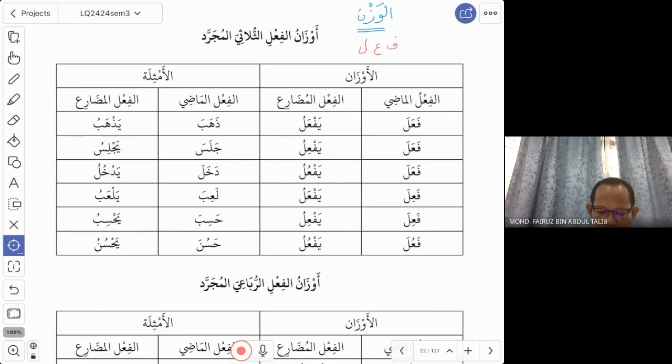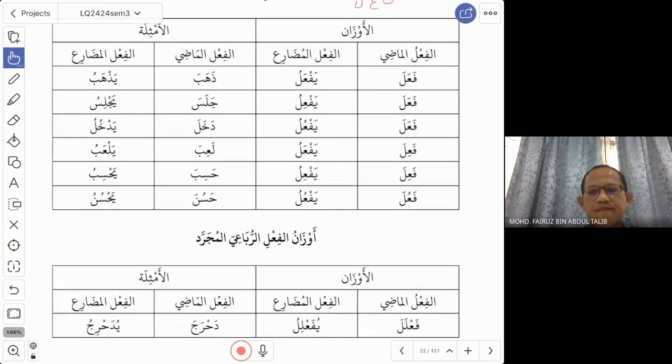You refer to the wazan. Yaf'ilu. You have 2. So the madi is either fa'ila or fa'ala. So regardless, you still have 3 letters. So now you can identify whether it is mazid or mujarrad. This is for fi'il sulasi mujarrad, and these are the wazan. Only 6 of them.